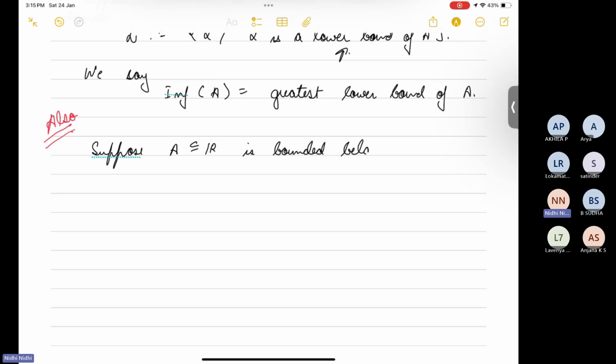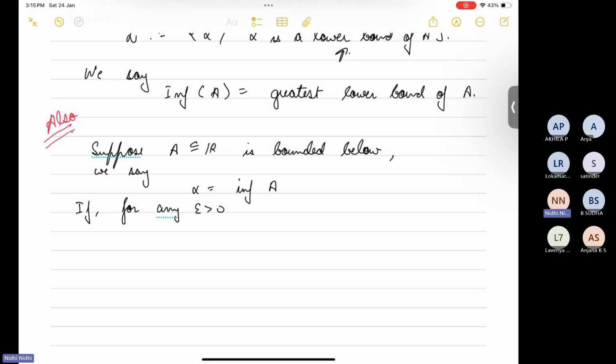Then we say alpha is the infimum of A if for any epsilon positive. For any epsilon positive means epsilon can be any strictly positive real number, as small as we want. It can be 0.0001 as well, and 10 to the power 100 as well. Just a positive real number.